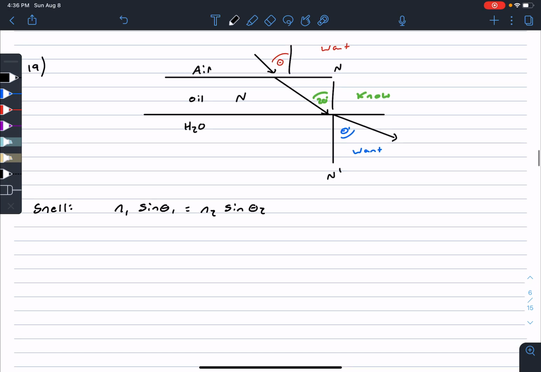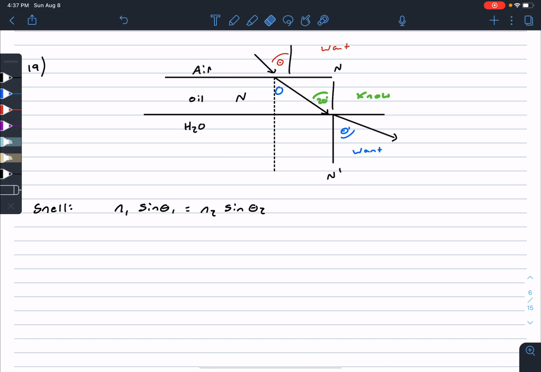Also, if we move the vertical, or the normal, over here, then we'll get your standard setup. Theta is going to be 20 degrees, just like this one. So these angles are the same.